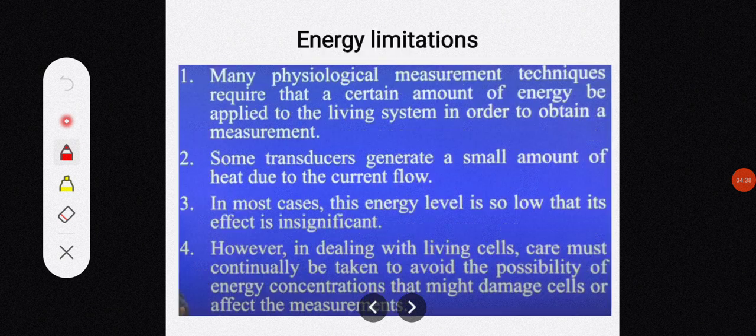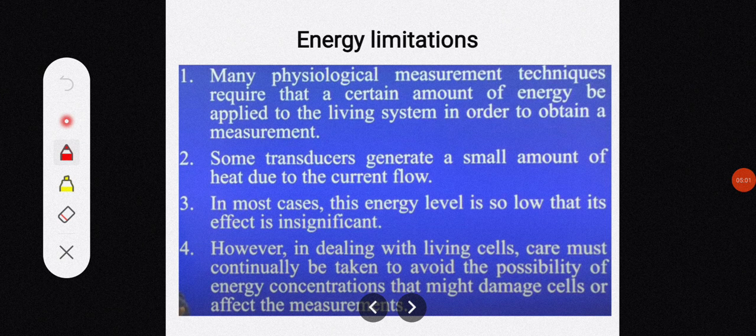The next problem that I am going to discuss is energy limitations. How does it become a problem? Many physiological measurement techniques require a certain amount of energy for their measurement.